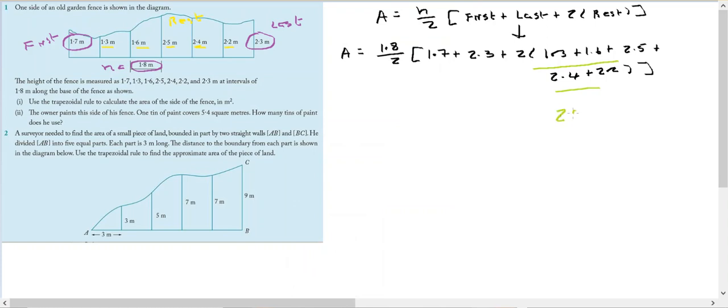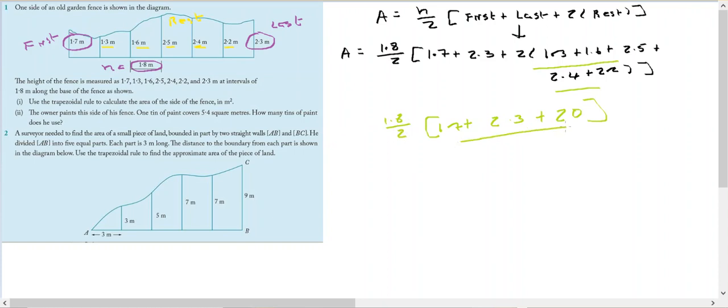So it's going to be 20 plus 2.3 plus 1.7, and that's all going to be multiplied by 1.8 over 2.